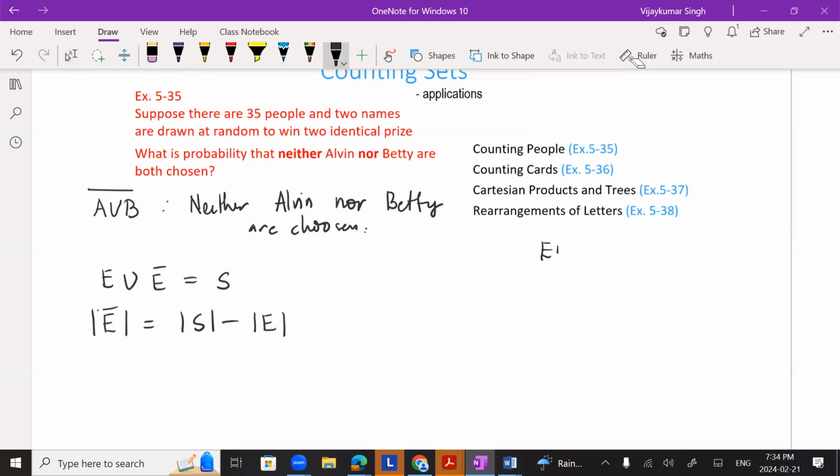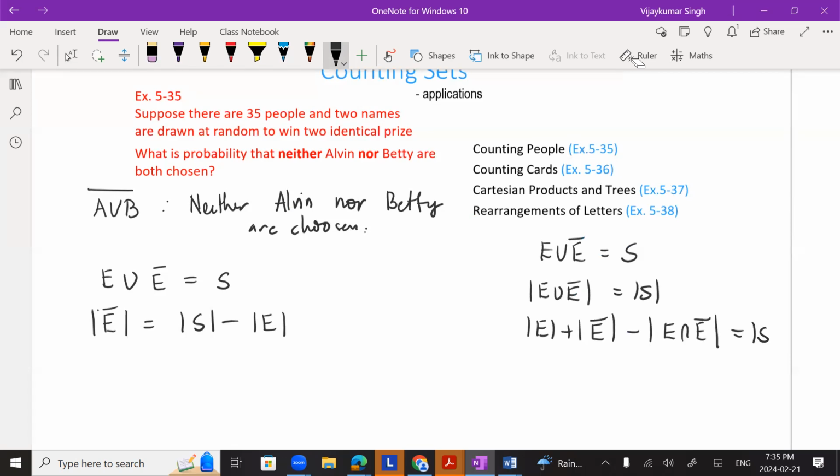If you look at E union E bar, it's going to be S. Do you agree? Now, what is the size? The size of E union E bar is going to be the size of S. But what is the size of the union of two sets? It is the size of E plus the size of E bar minus the size of the intersection of E and E bar.